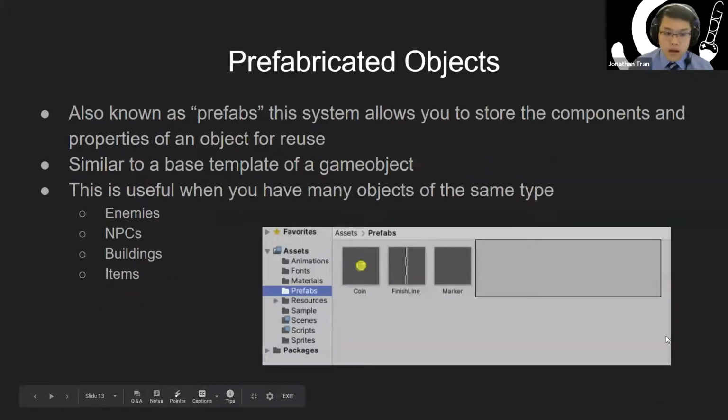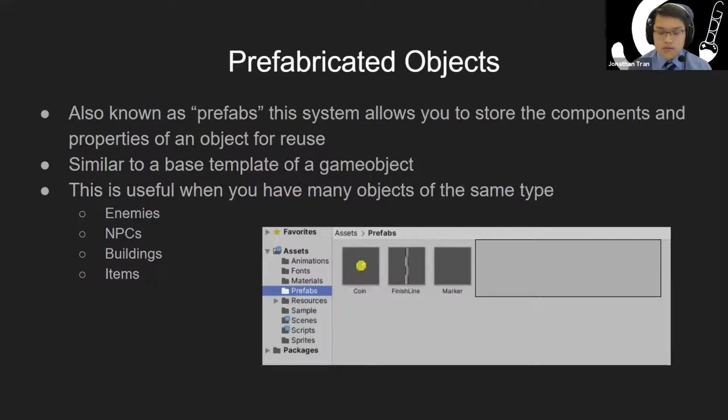Prefabricated objects, which we just call prefabs, are a system that allows you to store components, including their properties, so all of their components as well. We do this so we can reuse the item multiple times. You can think of it as a base template for a game object that you want to use later down the line.